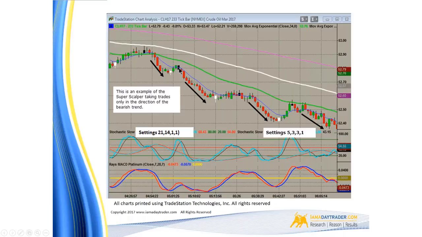The T1 candle is doing extremely well, waiting for the down close and then one tick underneath that candle. The T1 entry is doing extremely well in the direction of the well-defined trend. That is an example of a T1 entry based upon the white candle, in this illustration black, in the direction of the trend.